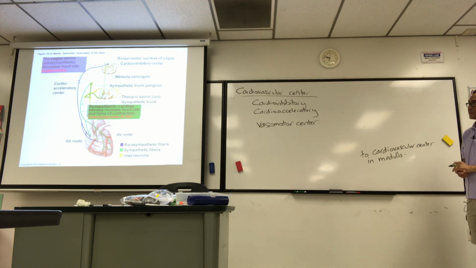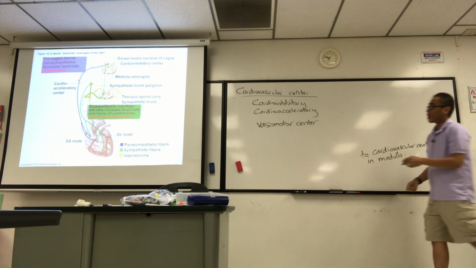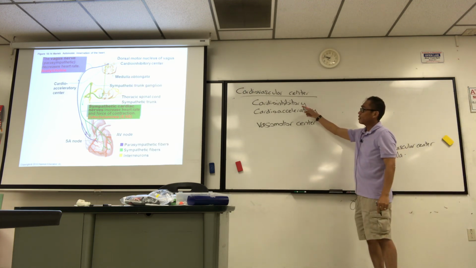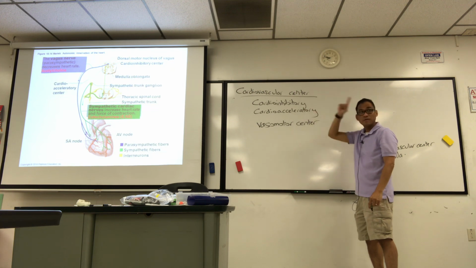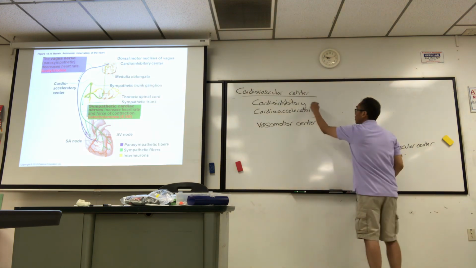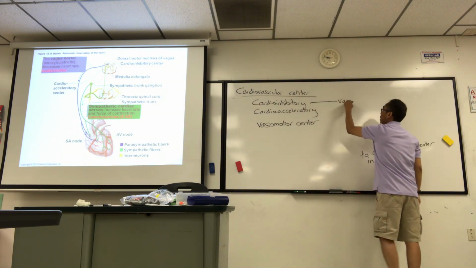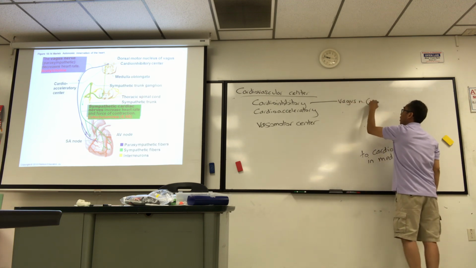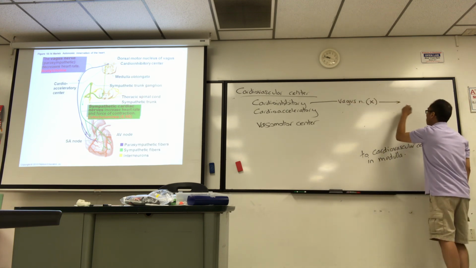Those are the three centers you're expected to know. And so, basically, for the cardio-inhibitory center, what nerve is it going to use? Vagus nerve, cranial nerve 10. That'll go to the heart.